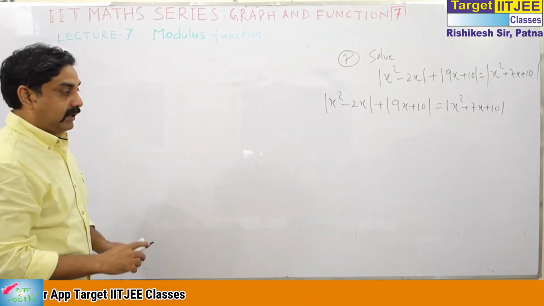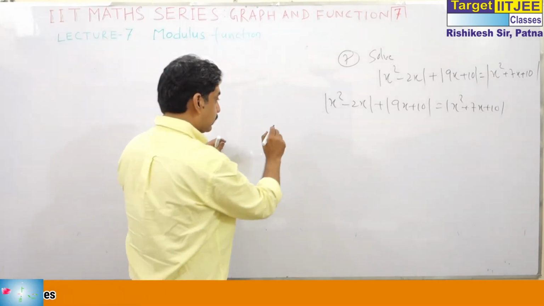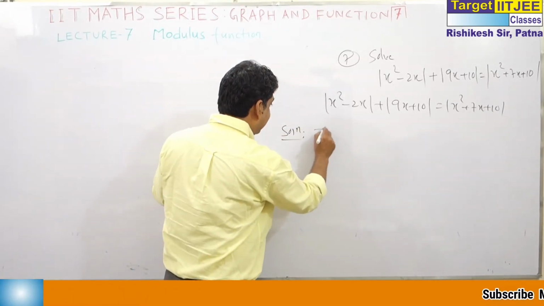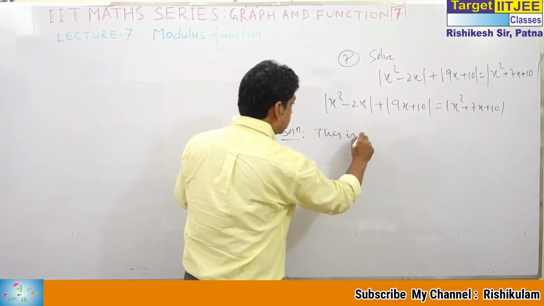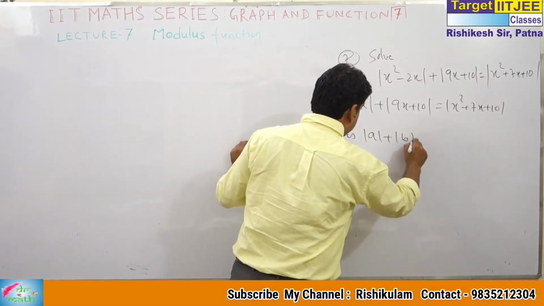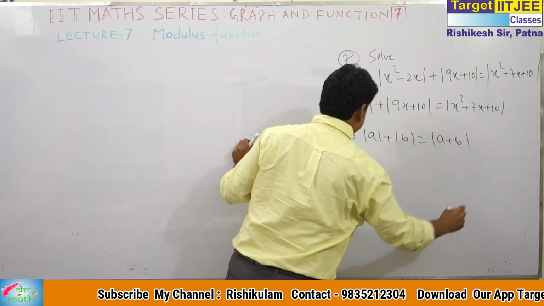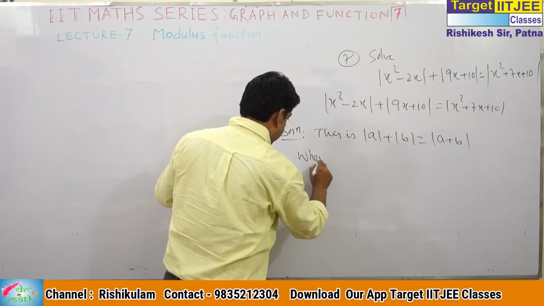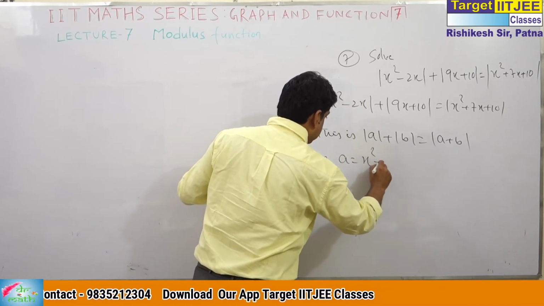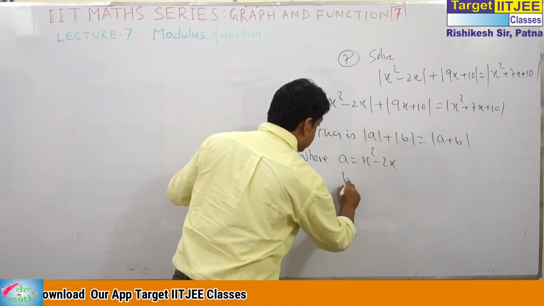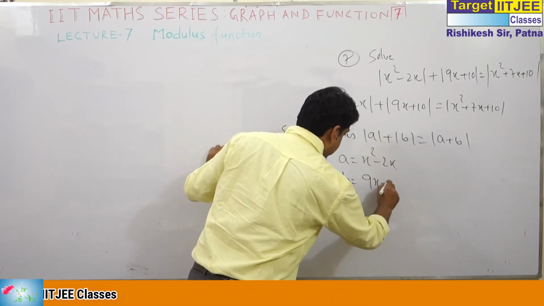See the data carefully. You will find that this is mod A plus mod B equal to mod of A plus B, where A is x square minus 2x and B is 9x plus 10.